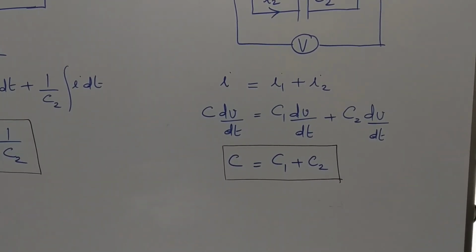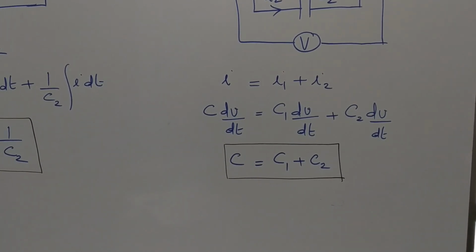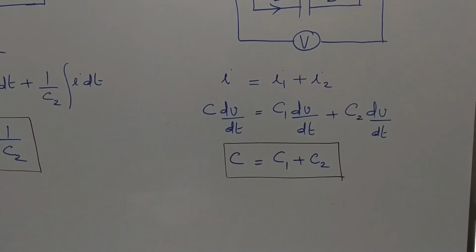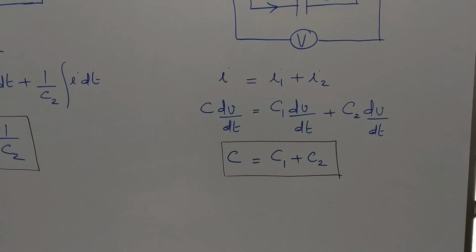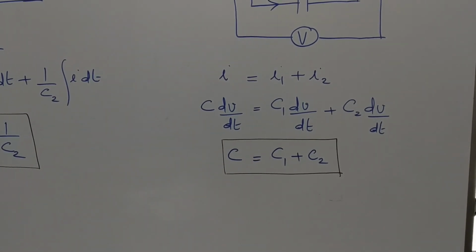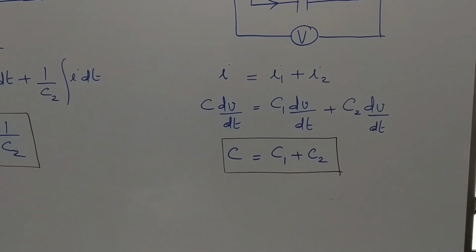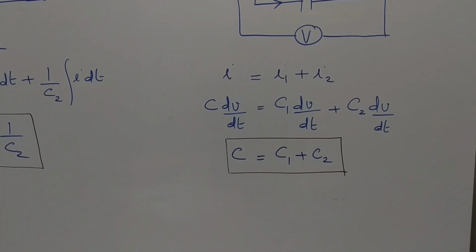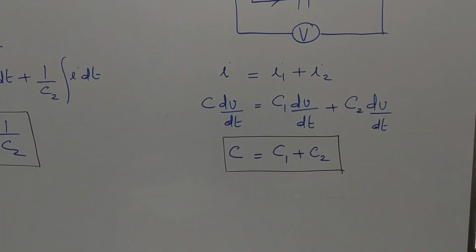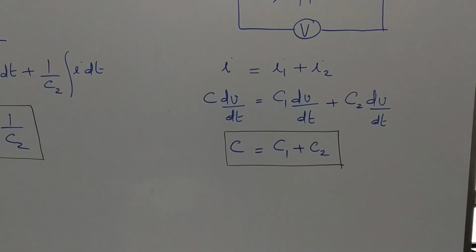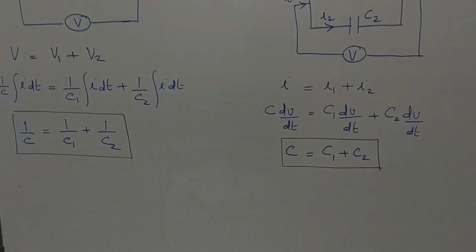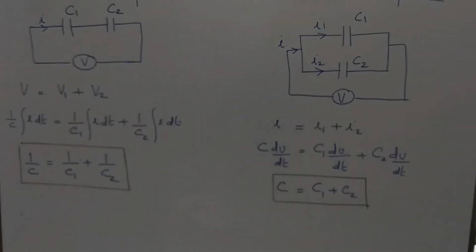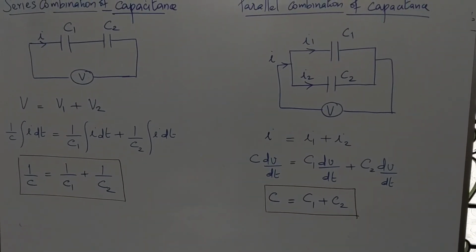The dV by dt will get cancelled and you can write C equal to C1 plus C2. So when two capacitances are connected in parallel, the effective capacitance will be the sum of the two capacitances. So this is about series combination and parallel combination of capacitance.